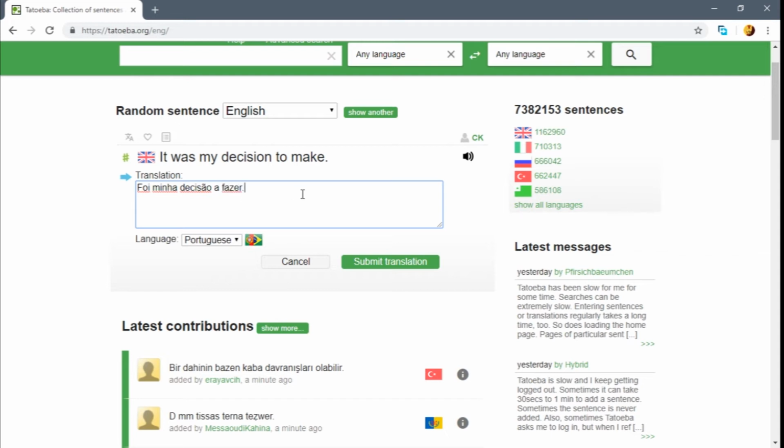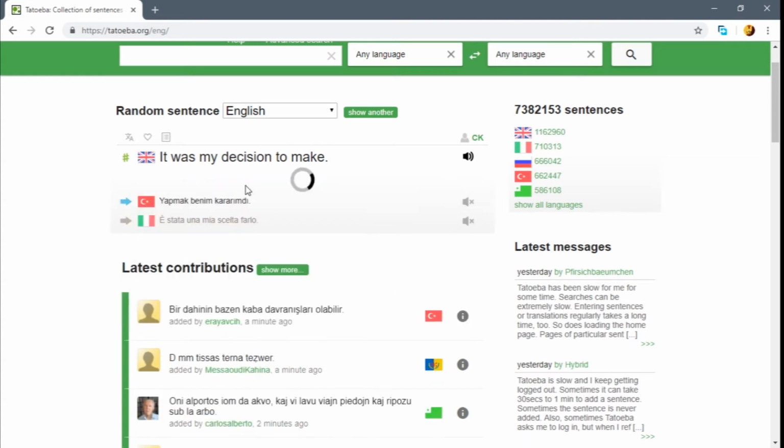Okay, that would be my translation. It was my decision to make. We could do para fazer. Okay, let's translate in this way. Hopefully it's a good translation.